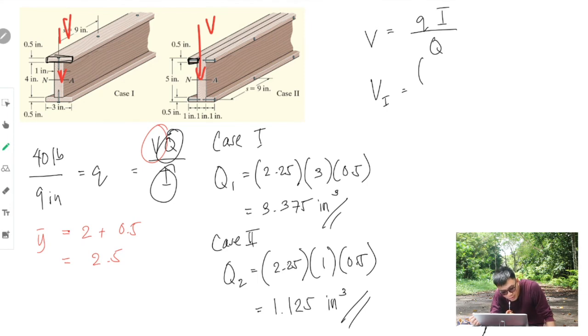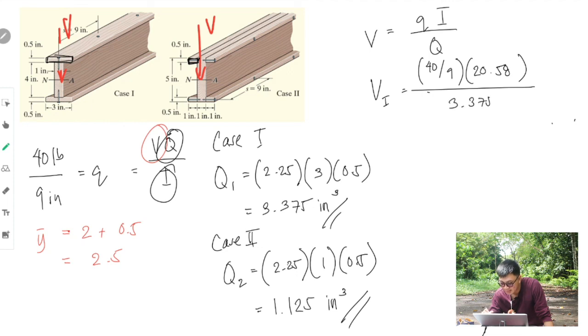So, 40 over 9. Ang atong I sa case 1, the same gihapon, which is 20.58 inches to the fourth divided by your Q1, which is 3.375. And your V1 is equal to 27.1 pounds.